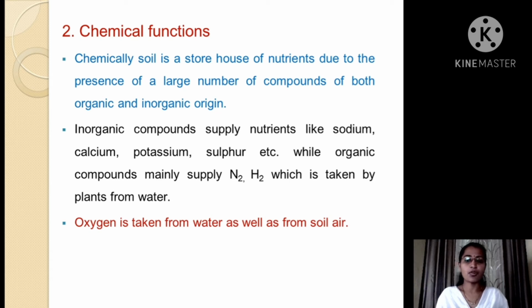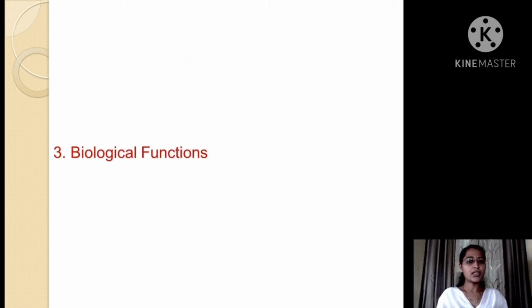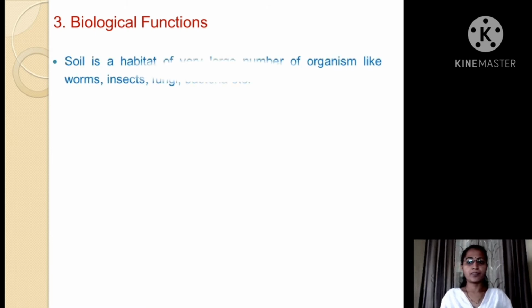Oxygen is taken from water as well as from the soil air, while carbon is taken from carbon dioxide of the atmospheric air. Now then we see the third function, that is biological function.